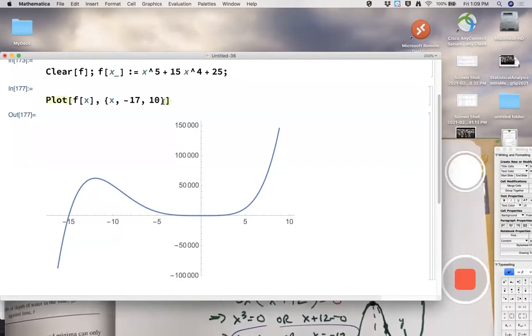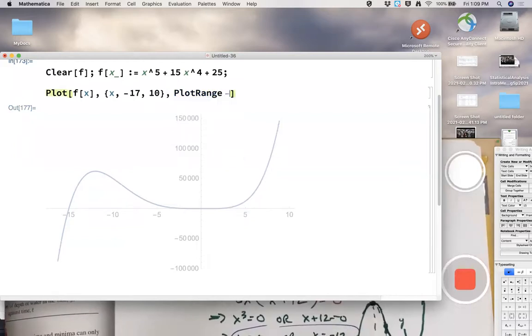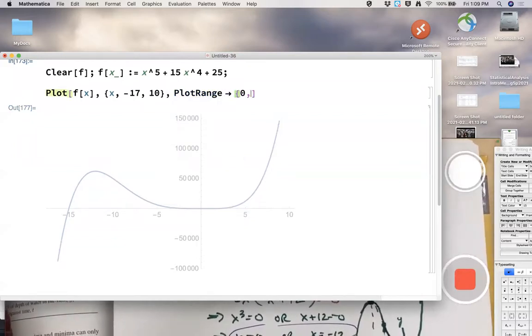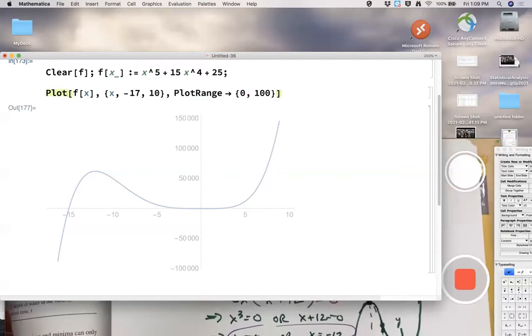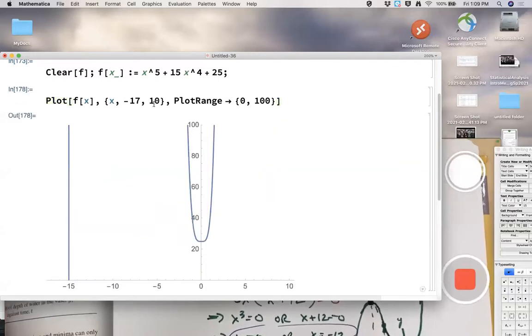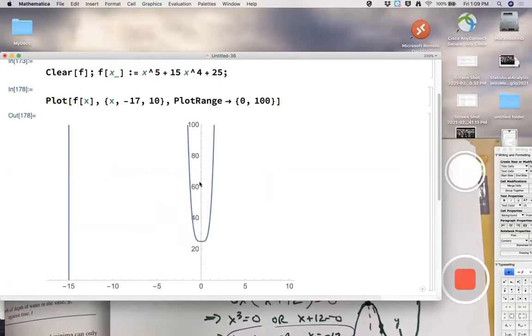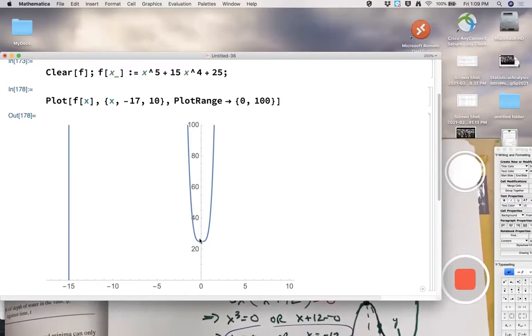By the way, if you pick a plot range in the vertical direction, say, 0 to 100 or something, it won't look quite as flat near 0 as this graph shows. You can see it's going up and down pretty rapidly over here, but when you get really close to 0, it looks pretty flat. The difference in how these things look is dependent on the scale.